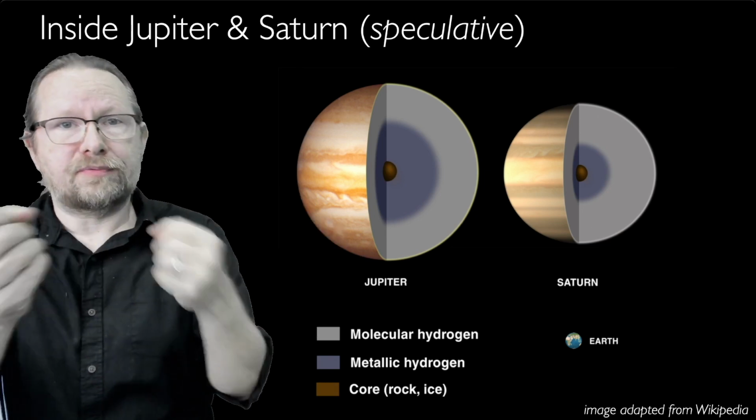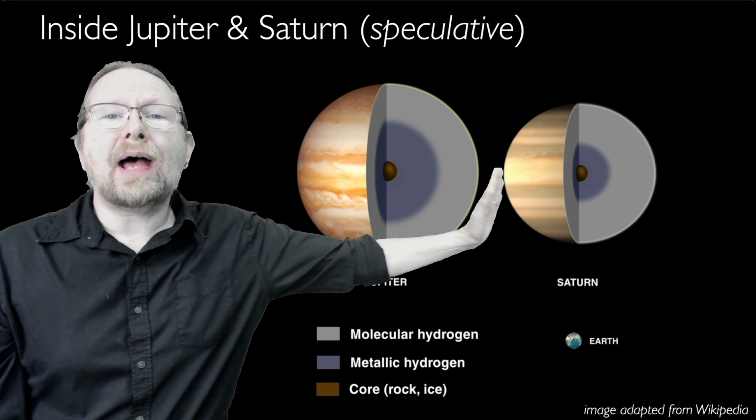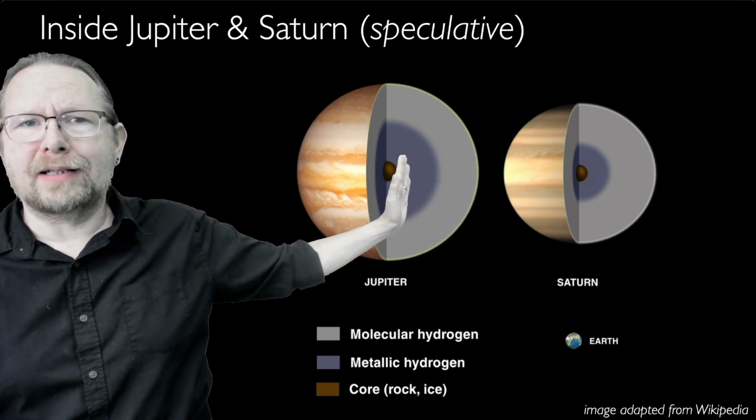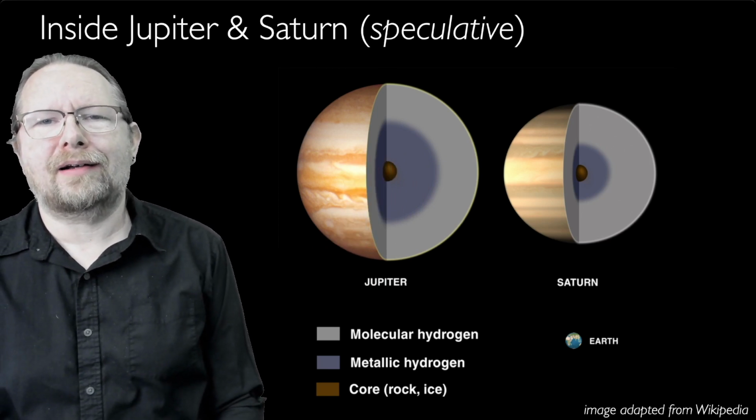The hydrogens are just free to move around, and the state gradually changes from gas to liquid to this kind of liquid metallic, very unusual state of matter that we're not really familiar with on Earth.